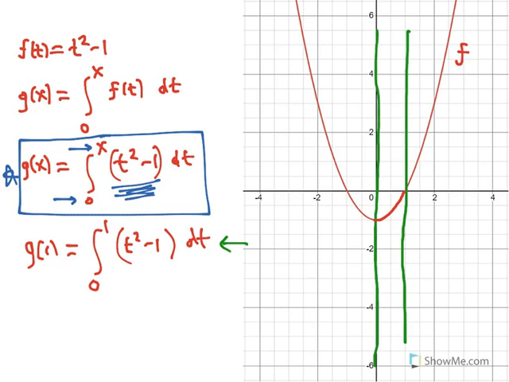In this case, we can call it the t-axis. So it's this area. That's what it represents. And because this area is below the t-axis, it will be negative area.